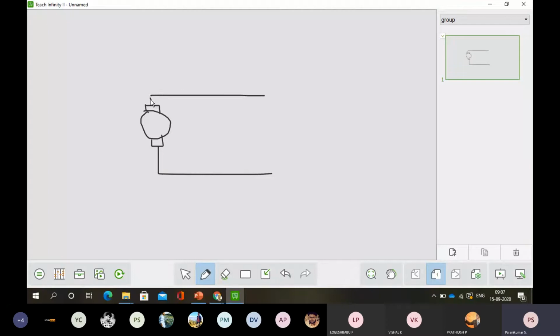If it is parallelly excited, we already know that whatever the starting of the field coil, it is shared with one end of the armature. Here I am mentioning the carbon brushes, where it is connected.